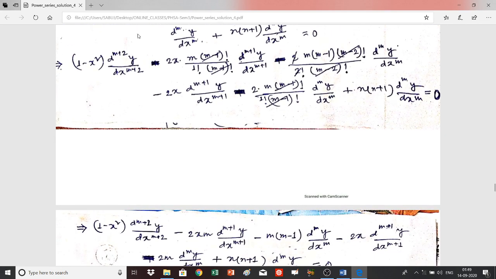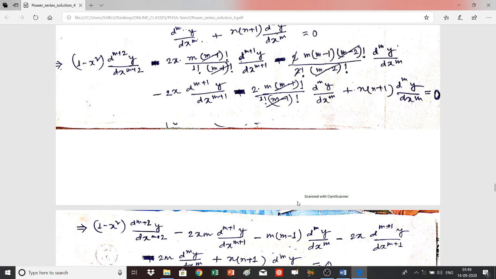So here this term is written as usual, and from this you will have 2x, and m is from here, so it will give you 2xm dm plus 1y dxm plus 1, and from here you have m into m minus 1, so it is written minus m into m minus 1 dmy by dxm.